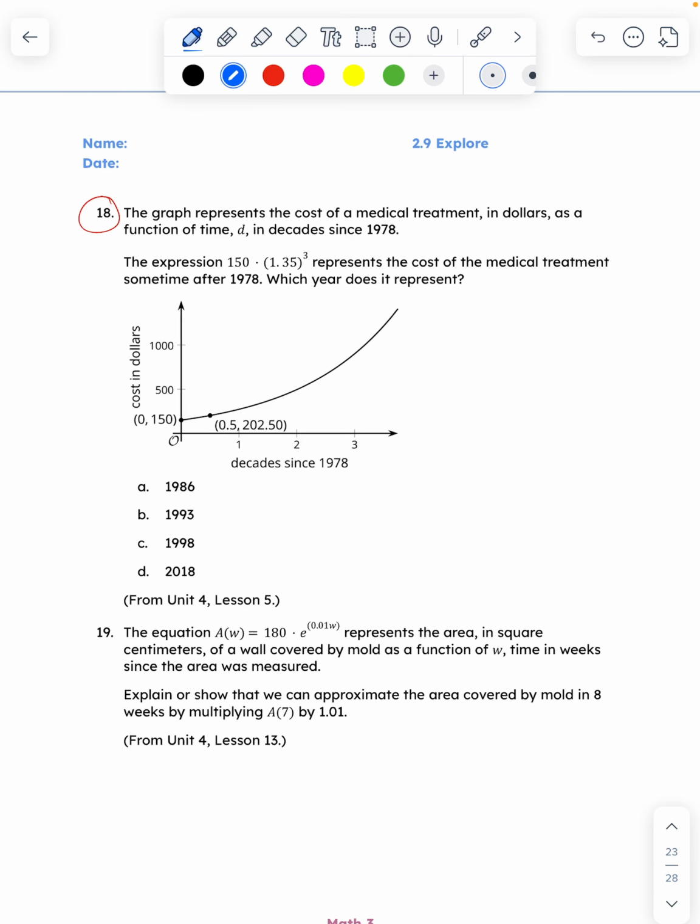18 was another that folks requested pretty frequently. It's a mathier math, right, where we have a function and a graph of the function. And we want to know, right, this particular expression, 150 times 1.35 to the third, right?